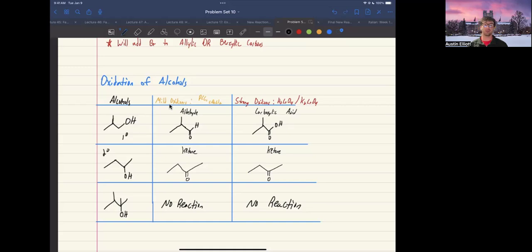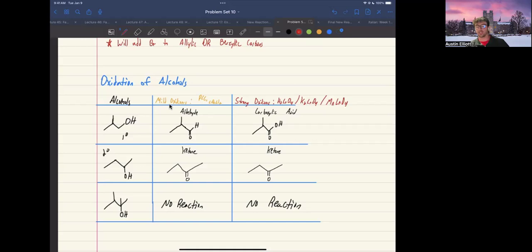So an example of a mild oxidizer is just PCC, super easy to write, a lot less to write than the Foley bleach reaction. And then strong oxidizers, you have H2CrO4, and Dr. Berg might write it as K2CrO4, maybe even MnCrO4. I could write it right.